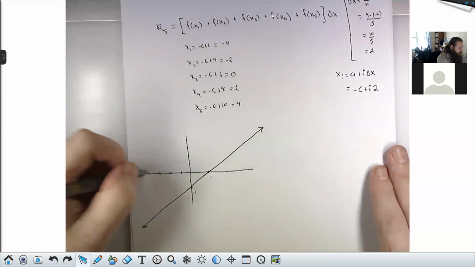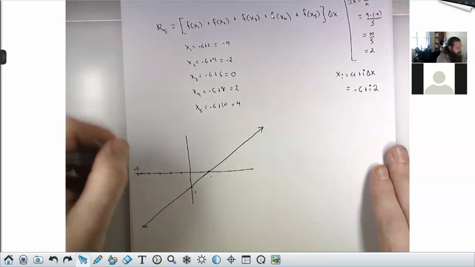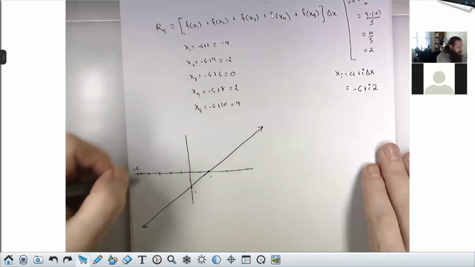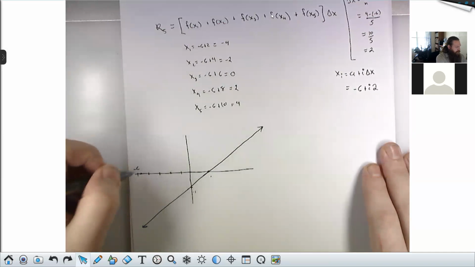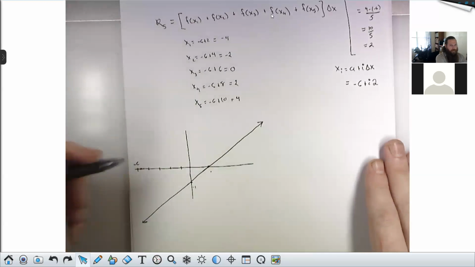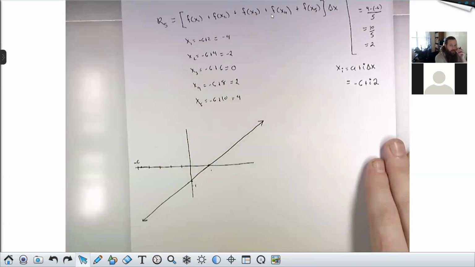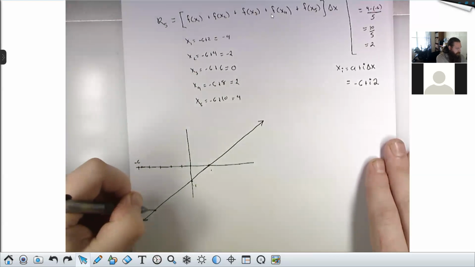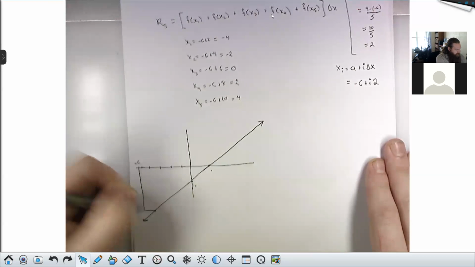We'll call this -6, -4. I don't really have space for it. But the idea is that our first rectangle would actually be determined by the height at the right endpoint of the first subinterval. So that first rectangle, rather than coming down here, is actually going to be like here, which is -4.